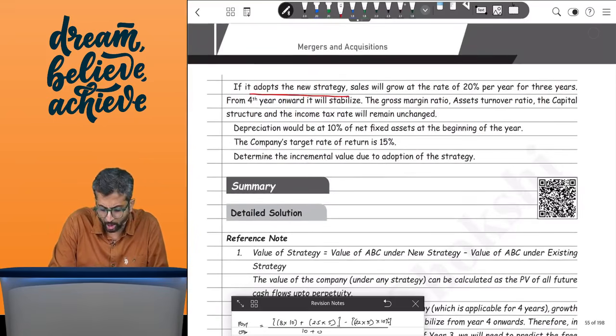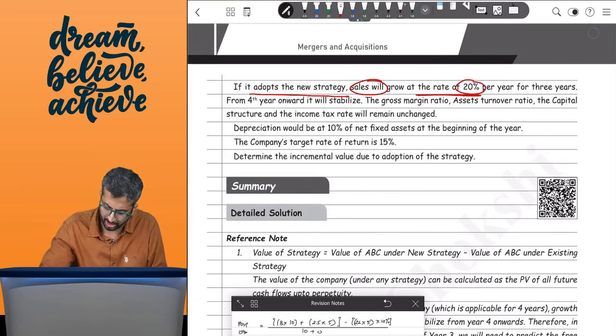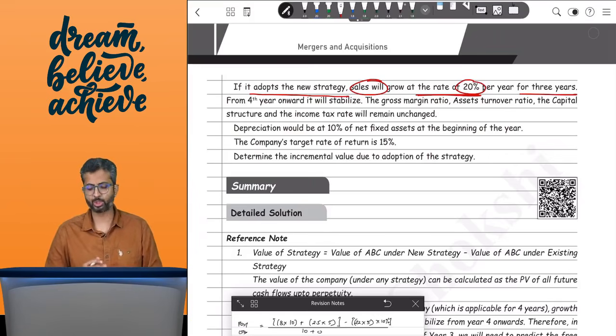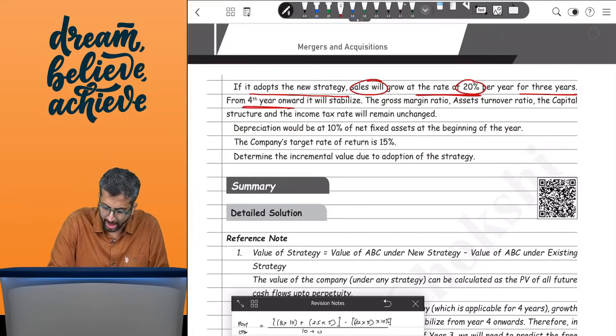If it adopts the new strategy, sales will grow at the rate of 20% per annum for the first 3 years. From the 4th year onwards, it will stabilize. The gross margin ratio is 20%.